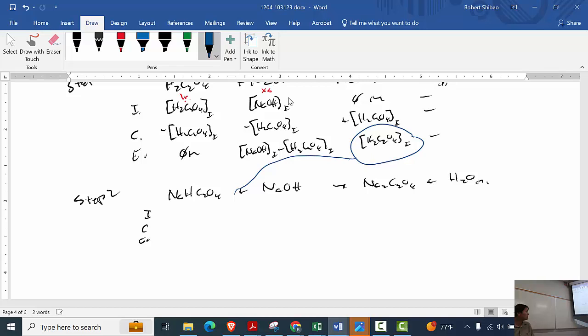And so that is going to equal the oxalic acid concentration that I had initially. And then the sodium hydroxide is going to be this here. It's going to be the sodium hydroxide initial minus the oxalic acid initial. And I have 0 sodium oxalate here.